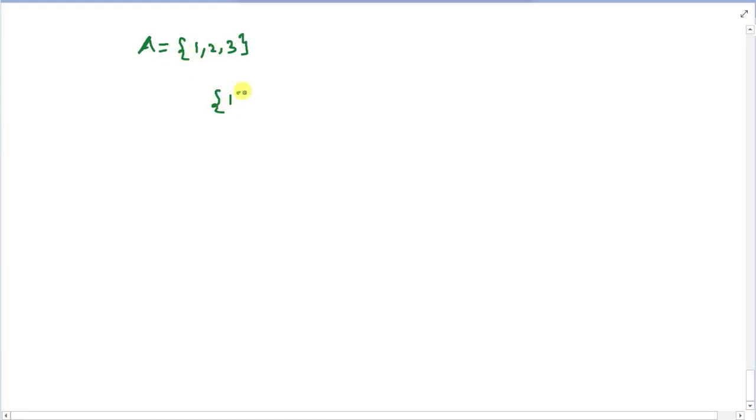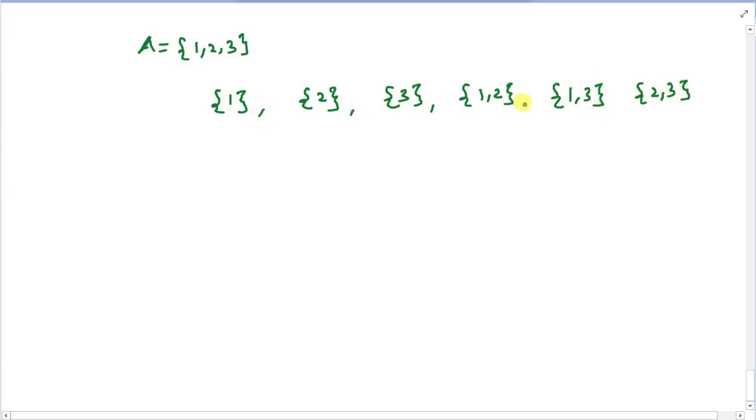So the subsets can be 1, 2, 3, 1 2, 1 3, 2 3, 1 2 3. Remember, the empty set or void set is also a subset of every set. So how many subsets we have written now? 1, 2, 3, 4, 5, 6, 7, 8.